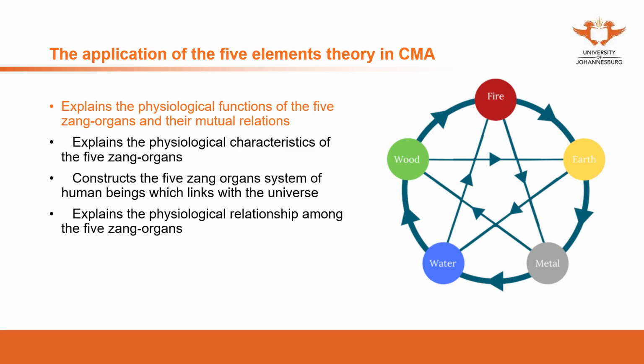The nature and the human beings can be linked through the five-element theory. And we can also use this kind of connection to benefit or to control the organs, to improve the organ's function, or to limit the organ's function.